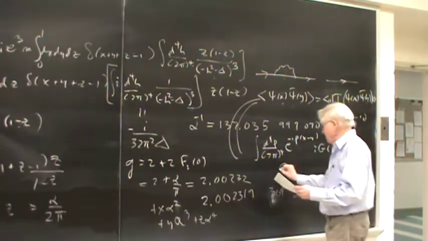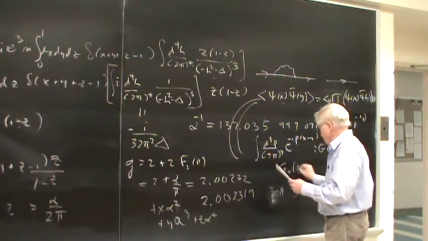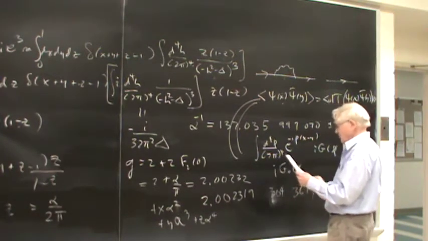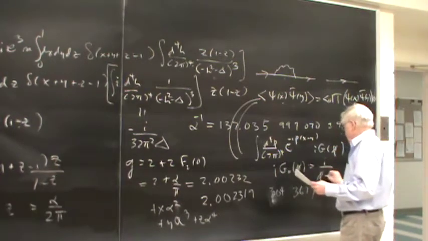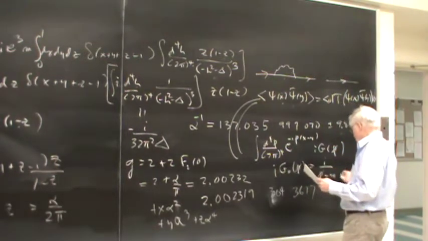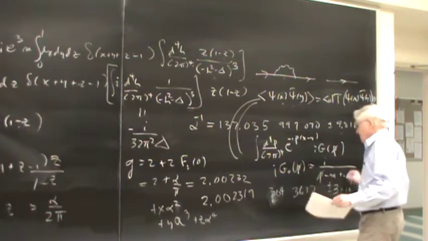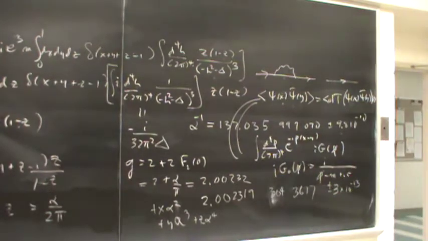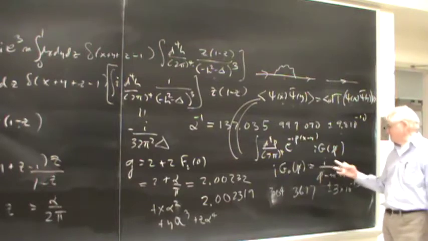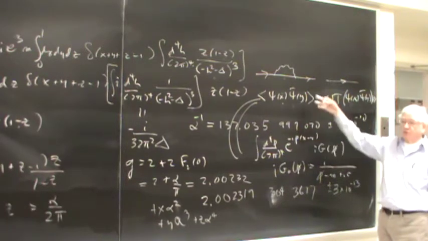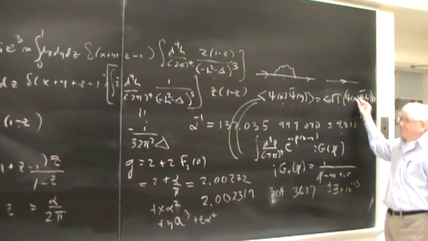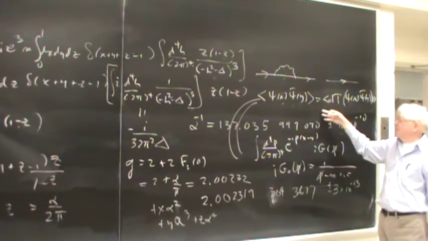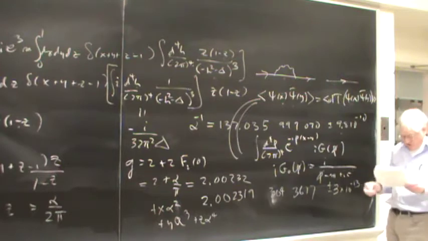And i G0(p slash) is i over (p slash minus m plus i epsilon), I think. And so in other words, if you substitute this for that, you get the ordinary Feynman propagator for this thing. And so we'll compute the correction next time.